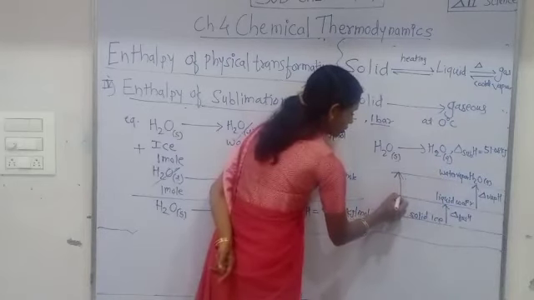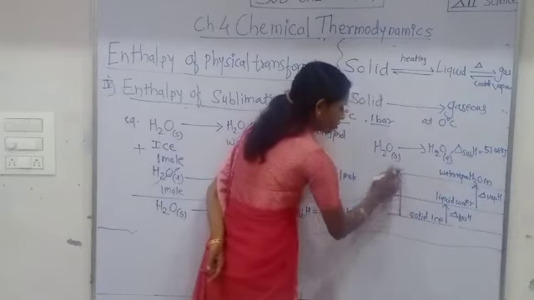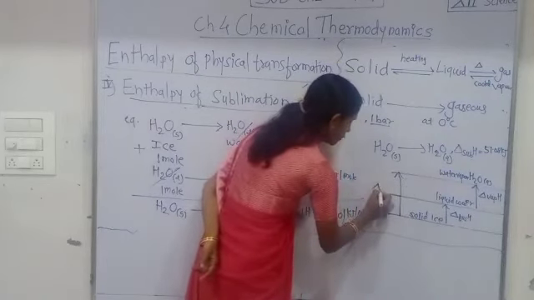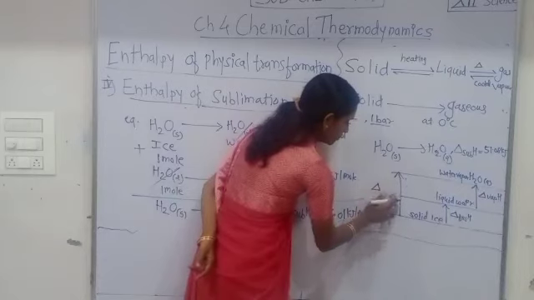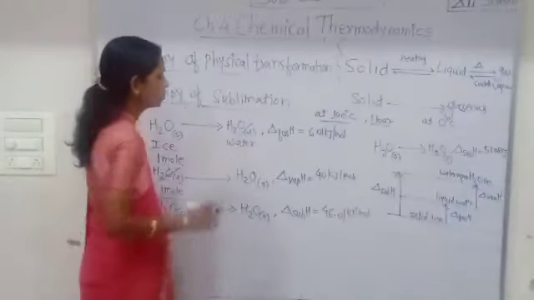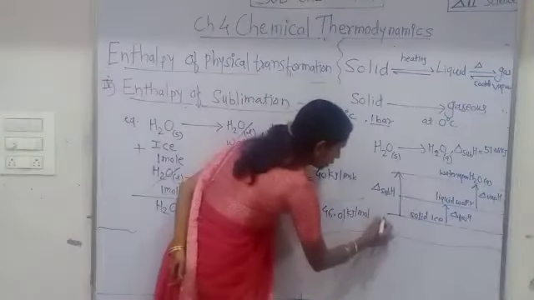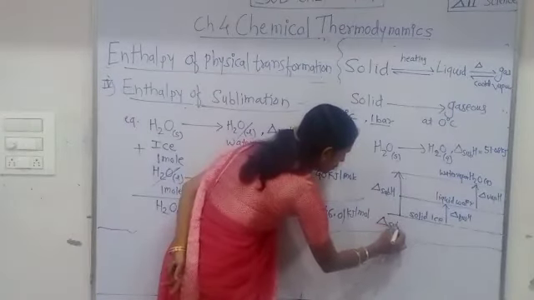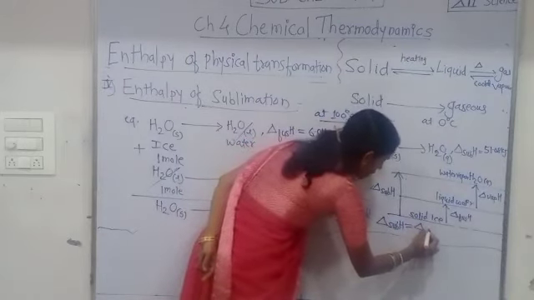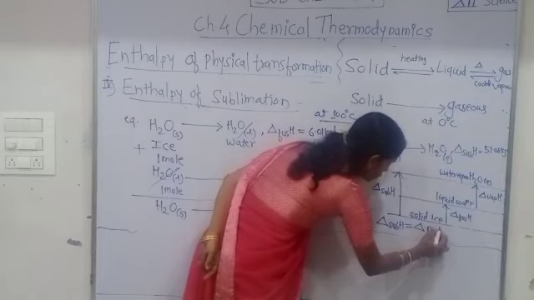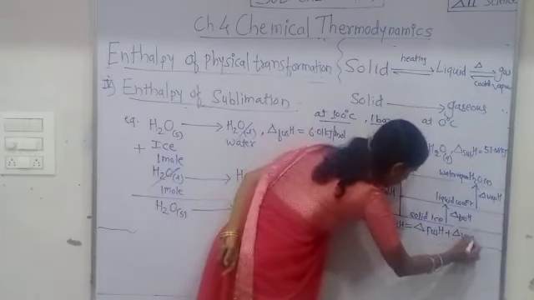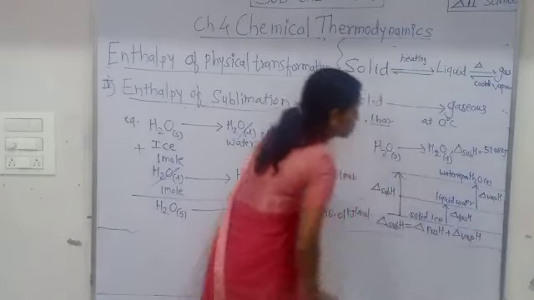That process is the sublimation of that solid substance, and the enthalpy which is related with that process is the enthalpy of sublimation. From this we can conclude that the enthalpy of sublimation is the sum of the enthalpy of fusion of that substance and the enthalpy of vaporization of that substance.